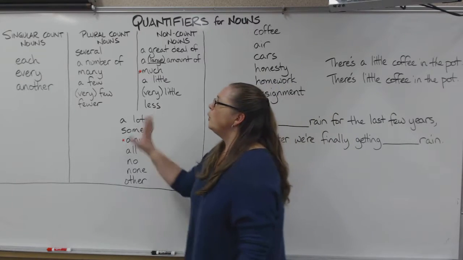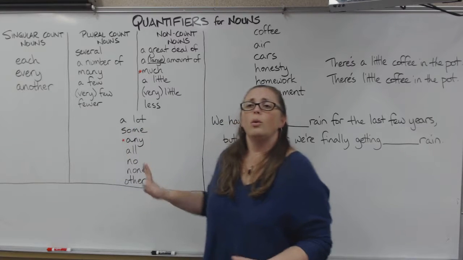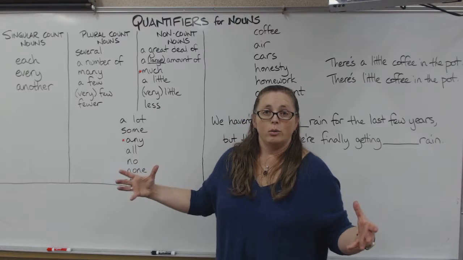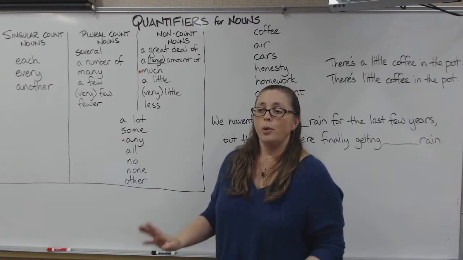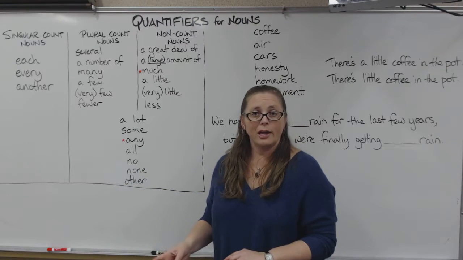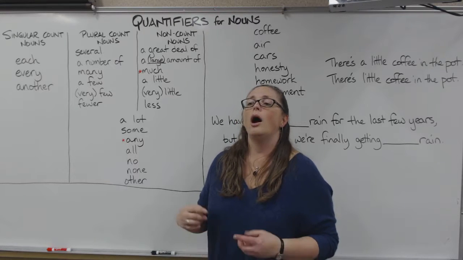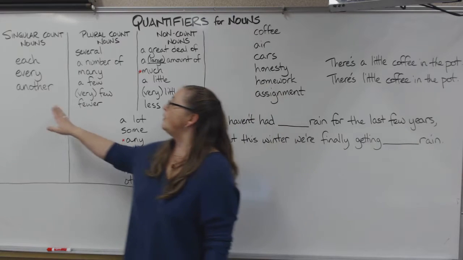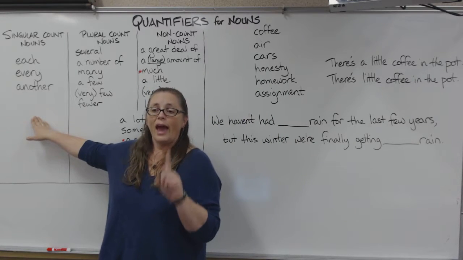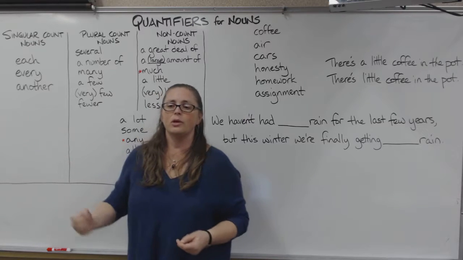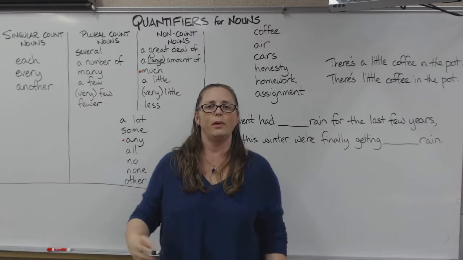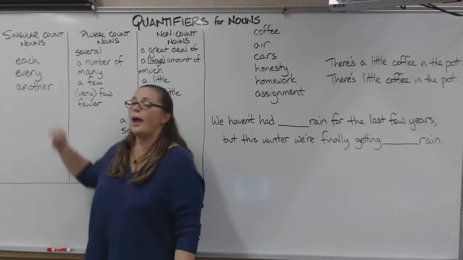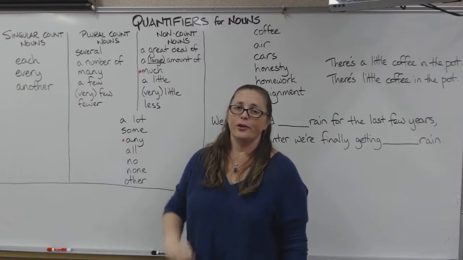But when you are determining which word to use to describe an amount of something, it's important to know, are you talking about singular or plural? Are you talking about something that is count or non-count? If it is 1 count noun, something that you can say 1, like 1 table, 1 window, you can use each, every, another.